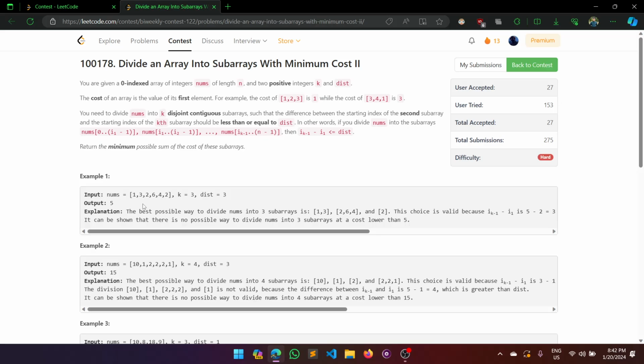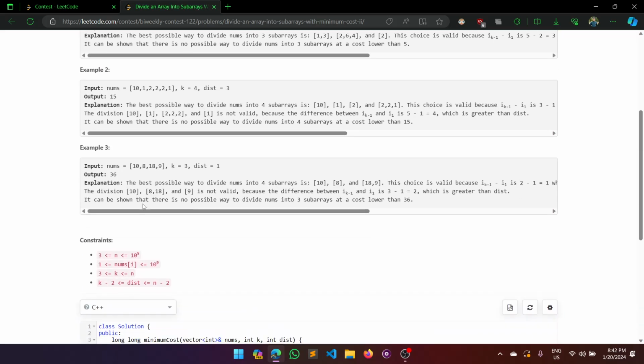Oh yeah, finding the upper bound for that element, that would help us. Then we can add that.